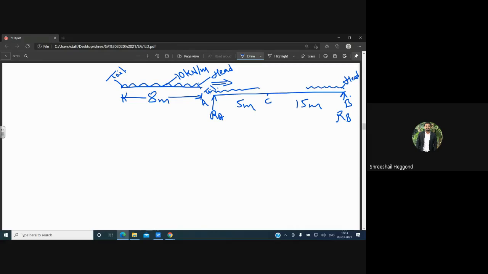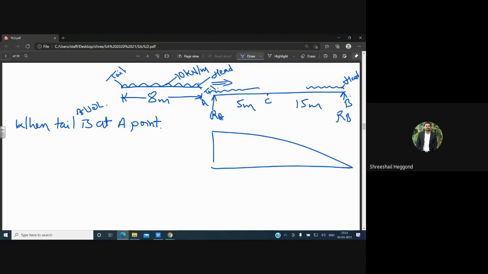Therefore, when the tail of the UDL is at A point, the reaction can be calculated as follows. The ILD for reaction RA is known to us.